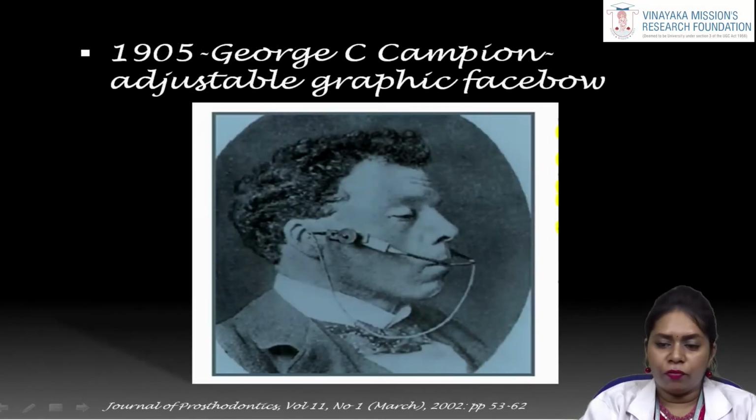In 1905, George C. Campion introduced an adjustable graphic facebow. He contended that no articulator could be truly anatomical unless it could imitate the exact condylar paths of each individual patient.